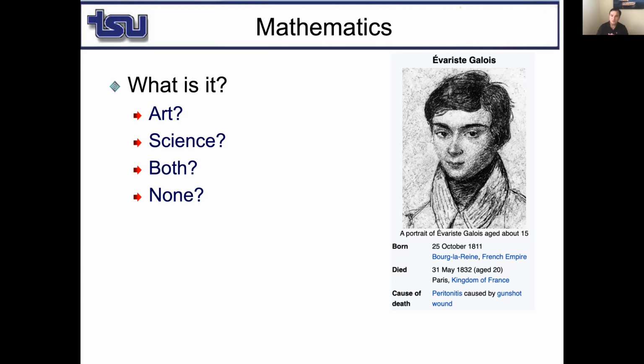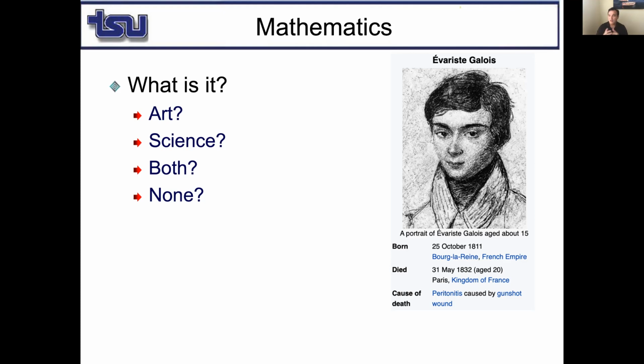Galois developed theories that laid the foundation of two major areas of abstract algebra. And Galois was killed when he was only 20 years old in a duel over a girl. And in his short life of 20 years, he developed major theories of abstract algebra.